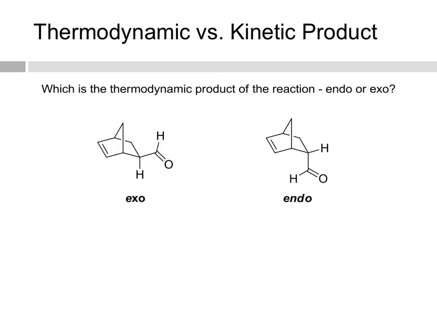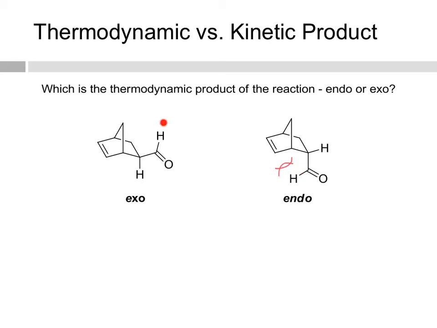Just like we analyze cyclohexane chair conformations for stability, we can also look at these bicyclic compounds and see which one is more stable. The more stable one is the thermodynamic product. If we analyze both the exo and the endo, there's steric hindrance here because you've got the larger group in the pseudo-axial position, so it's towards the larger bridge.